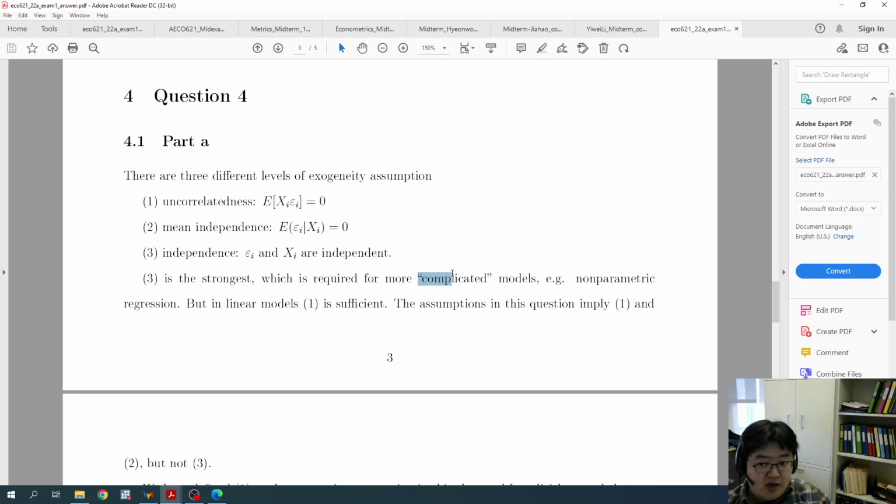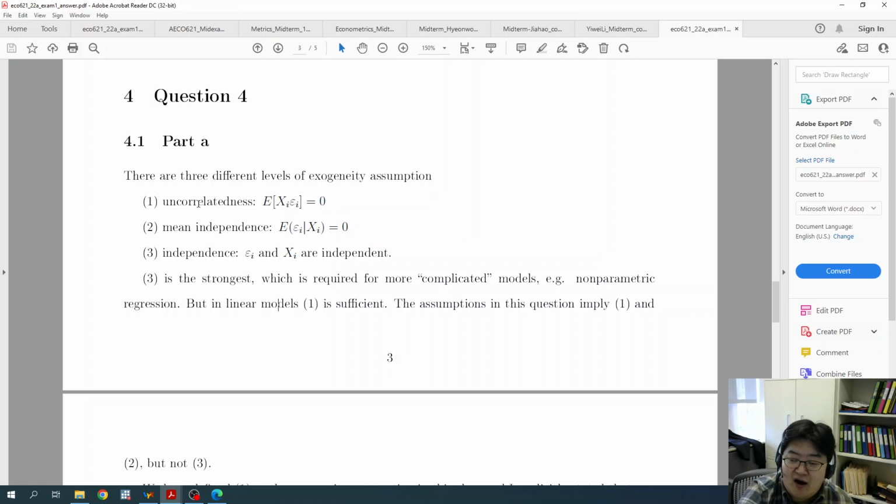You need more information to identify a complicated model, so you have to make a stronger assumption. In that sense, you may interpret this or this as an exogeneity assumption, but we have not considered them yet. In this class, our definition was number 1.